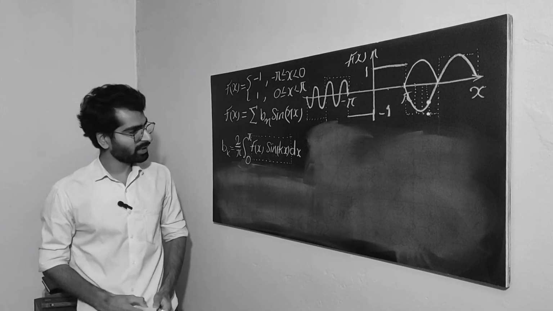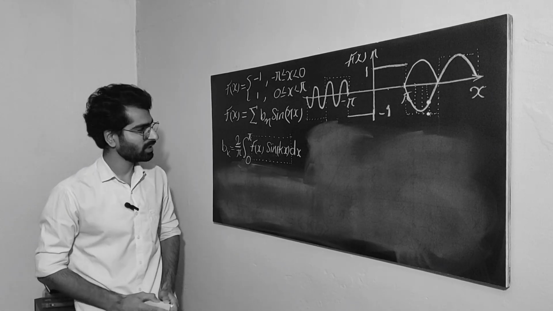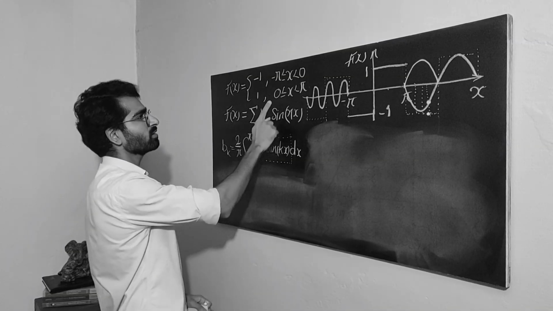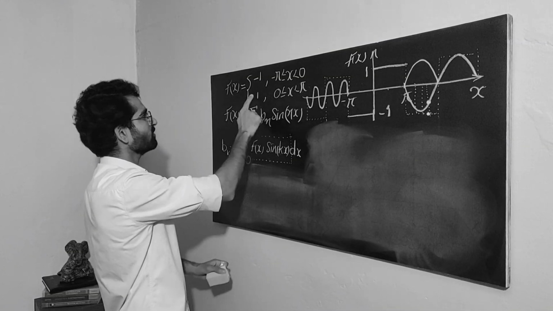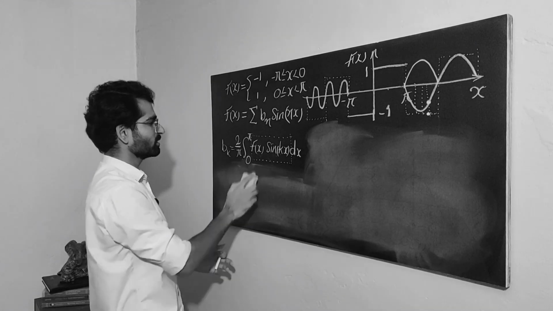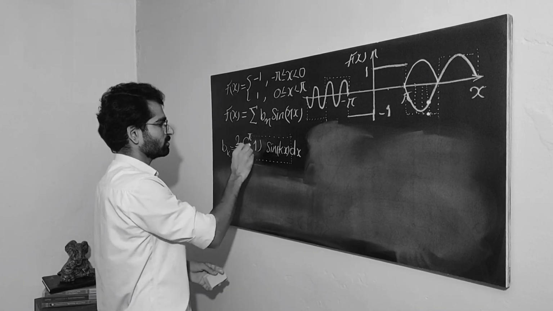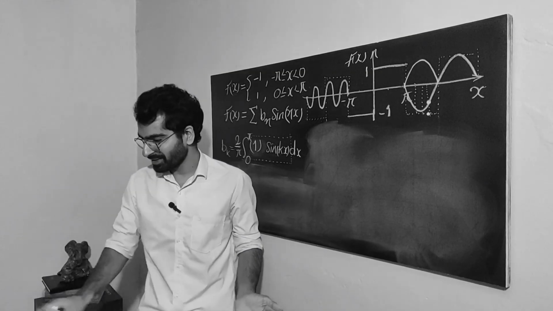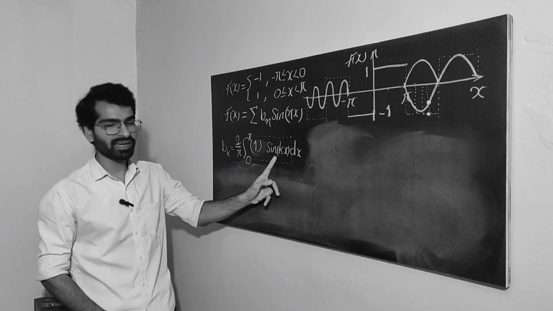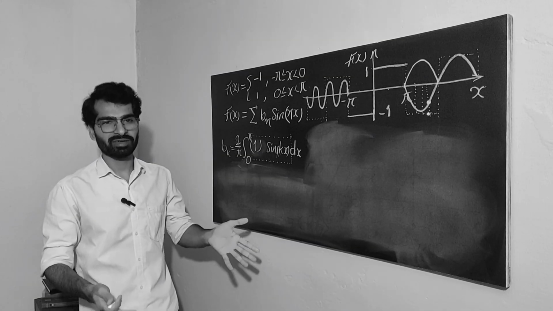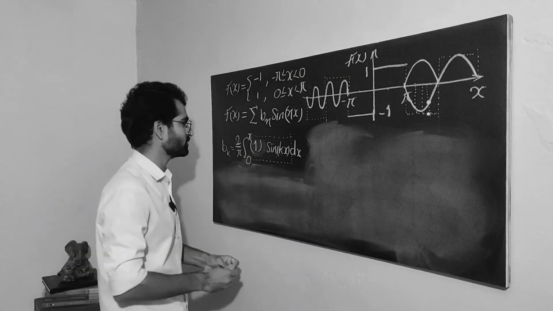And so now I can solve this integral. We are going from 0 to pi, and the function's value is 1. So I can put 1 now, and now it becomes very easy. This is the integral of sine waves, and it gives you cosine wave, the integral, with the minus sign, of course.